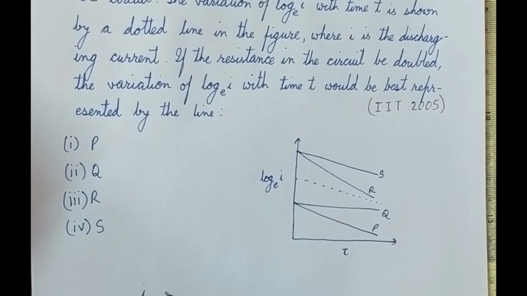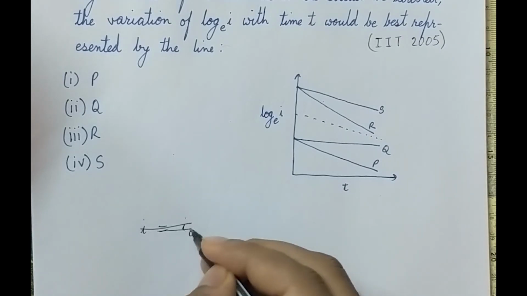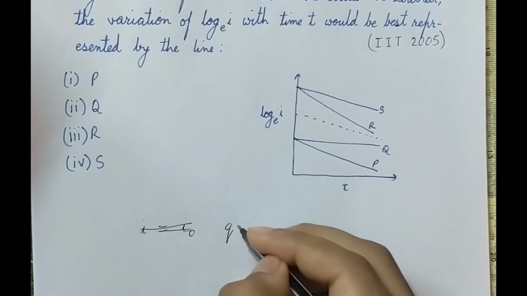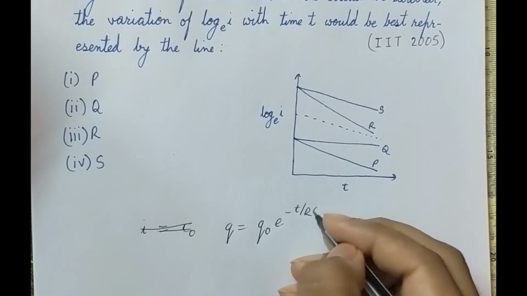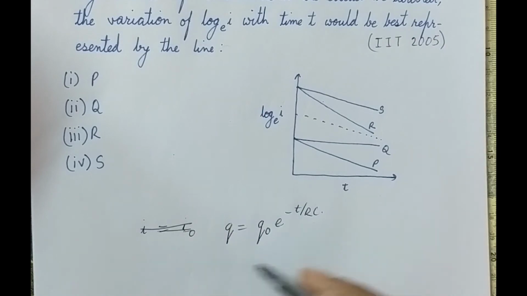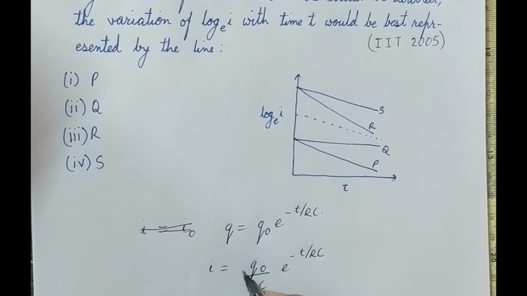We know that in a decaying circuit, we have I is equal to I naught. Since it's a capacitor, we have Q is equal to Q naught e to the power minus T divided by RC. If we differentiate this, we get I is equal to Q naught by RC into e to the power minus T by RC. We'll get a negative sign here, I'm ignoring that because we'll be using log functions.